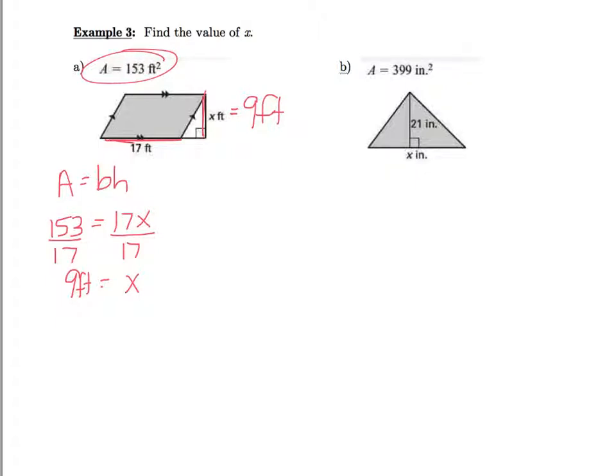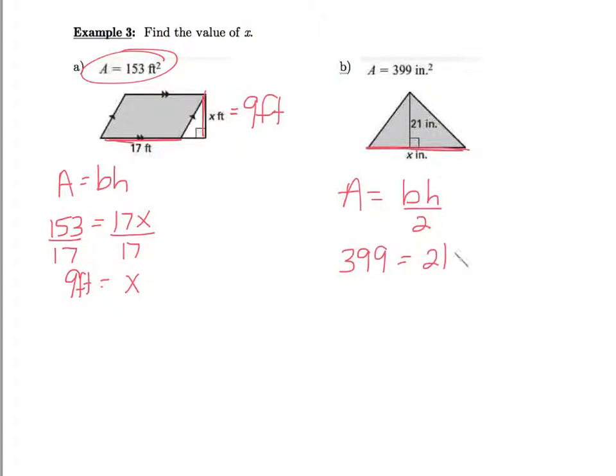Now example B, I have a triangle, so area equals base times height divided by 2. Area, oops, I know my area, so I can fill in 399 for A. My base I don't know. They give me x, and my height is 21.